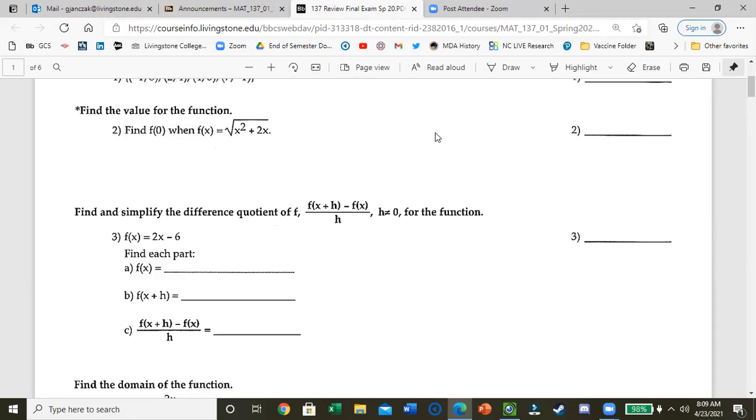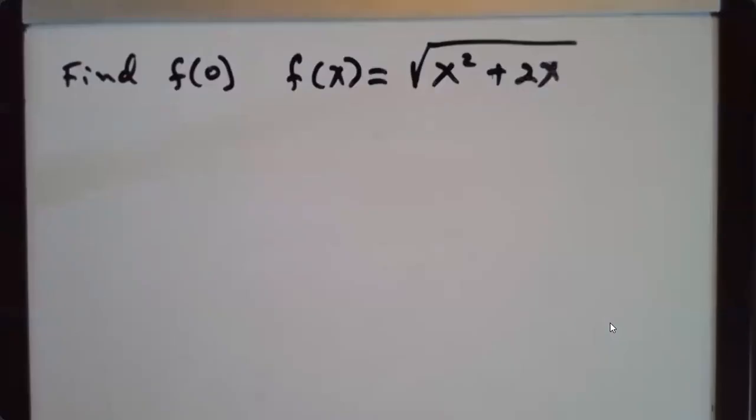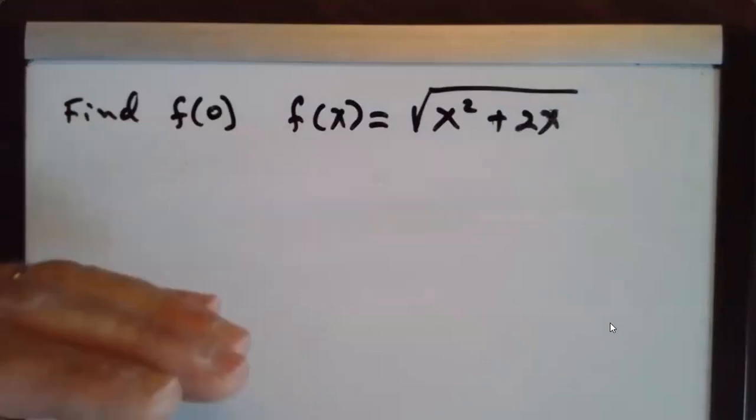Okay. All right. So we want to find f of 0 when f of x equals the square root of x squared plus 2x. Now, what I found is that I used to do multiple questions on a test with the same problem.